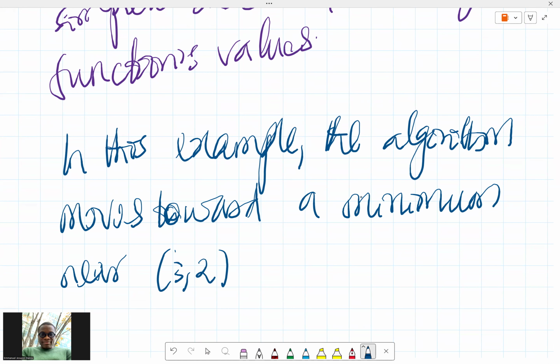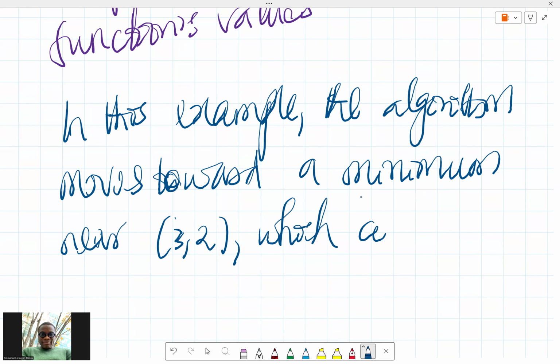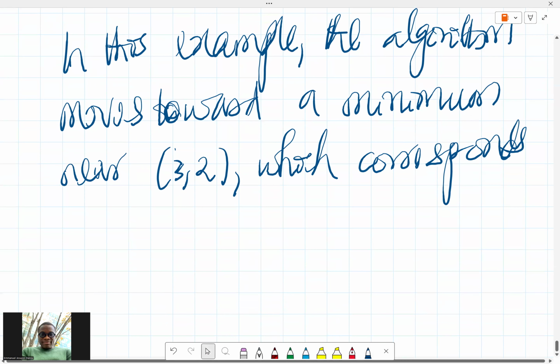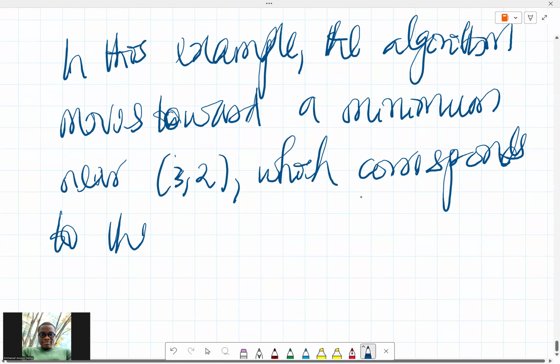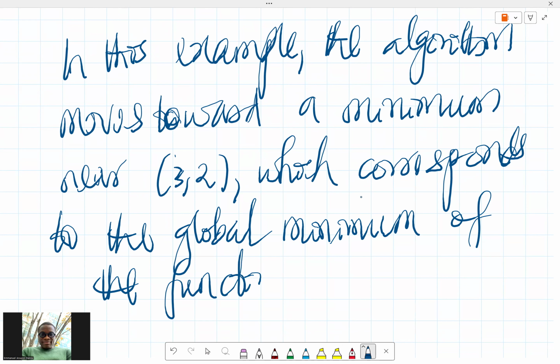As we see, the function can never be negative because of the powers, so the worst it can be is 0. And 3, 2 is what gives you that 0. So toward the minimum near 3, 2, which corresponds to the global minimum of the function.